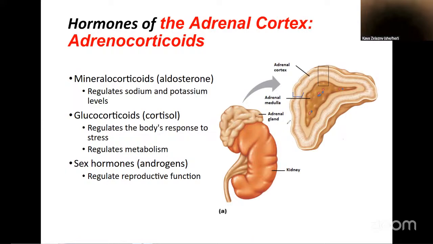This is the adrenal cortex, this whole outer layer. So that's what we're thinking about now as we think about this endocrine function, right? So there's a primary endocrine gland, and we think about the adrenal cortex as a really important part of that.